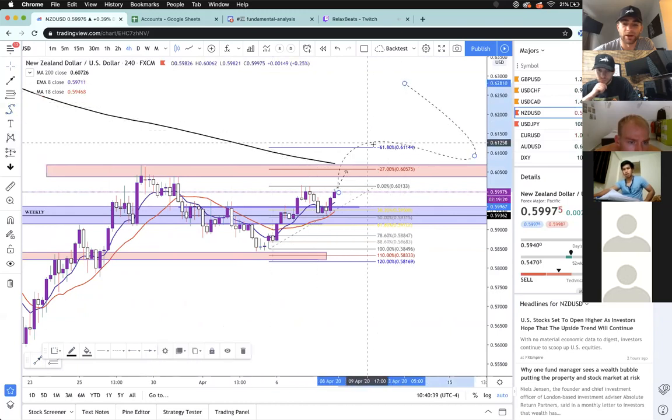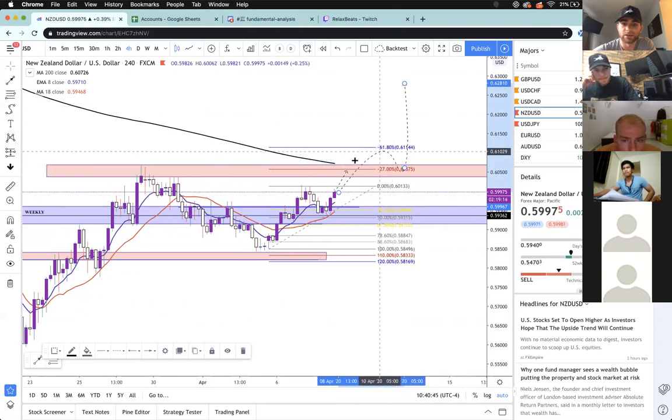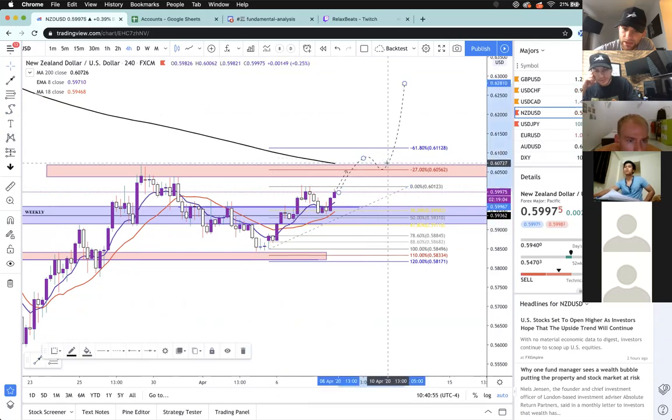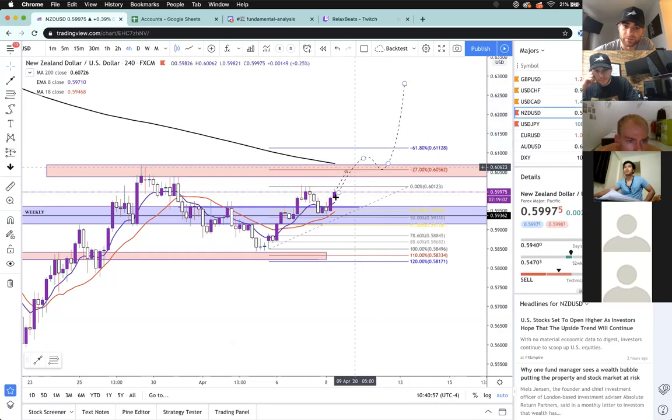We're going to use the 4 hour. If we come up to this zone, we break and then we retest, then we will go long. Yep, absolutely, only after it's broken a significant level and we have more conviction as to where it's going to go. So if we get some more conviction here, we break above, retest, long.